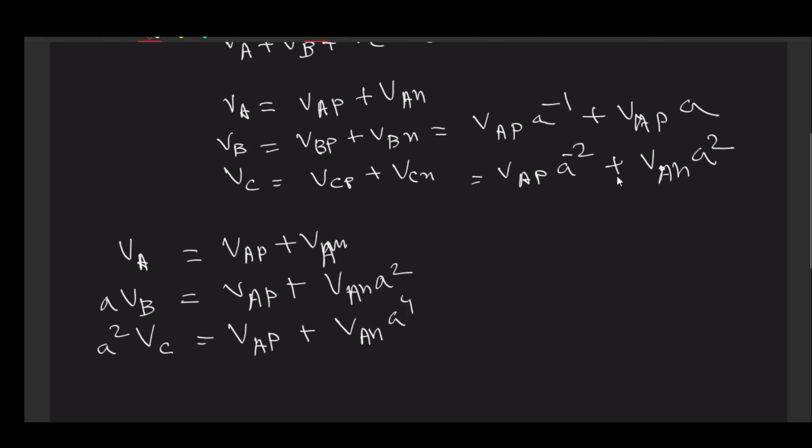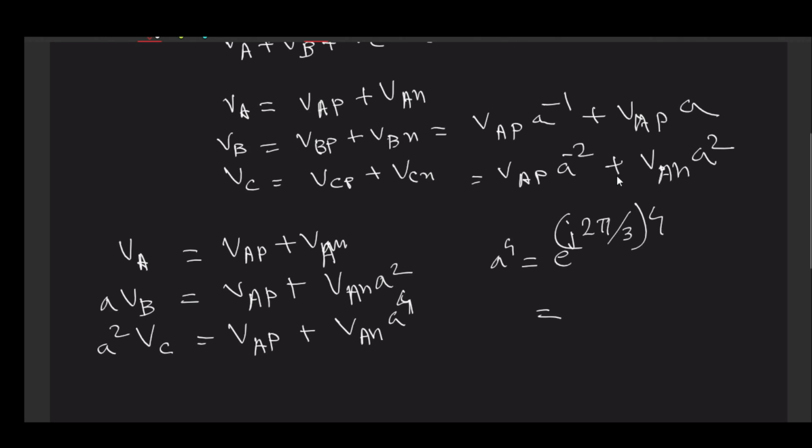Now, what is A to the power 4? A to the power 4 is e to the power j 2 pi by 3 times 4.